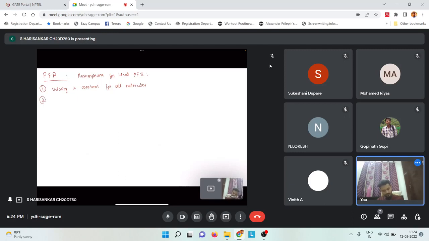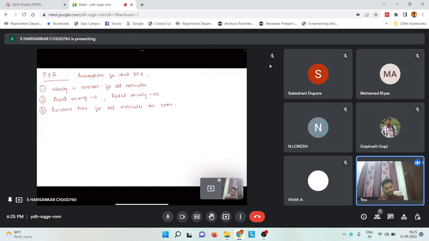Now, there is no axial mixing. Axial mixing is equal to 0, but radial mixing is there. We'll see how this is affecting it. And the third is residence time for all molecules is the same.